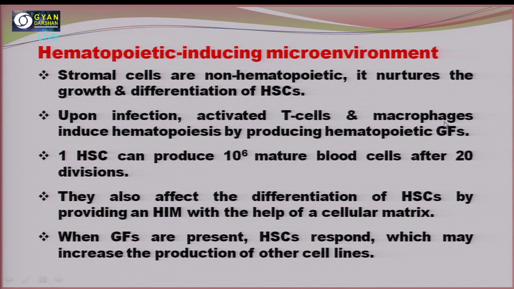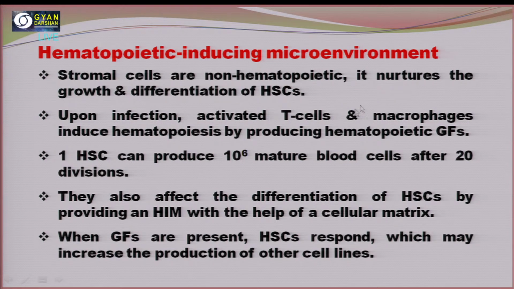So hematopoietic growth factors are a very important thing here. They will be released, and ultimately the cells will differentiate into different types of cells, and even T cells and macrophages will proliferate in particular environments.